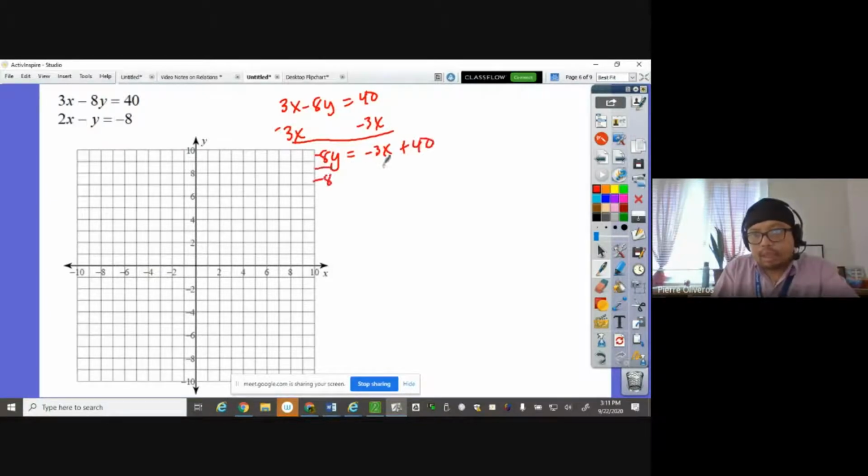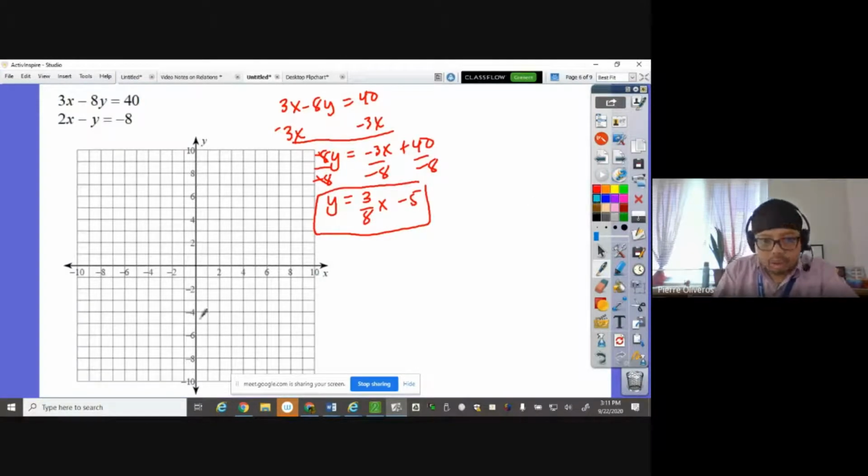Divide everything by negative 8, negative 8, negative 8. Y is equal to positive 3 over 8x minus 5. And my equation starts at negative 5 here. The slope is 3 over 8, so I'm going to go up by 3: 1, 2, 3. Then 8: 1, 2, 3, 4, 5, 6, 7, 8.